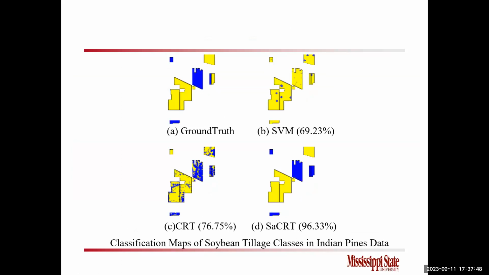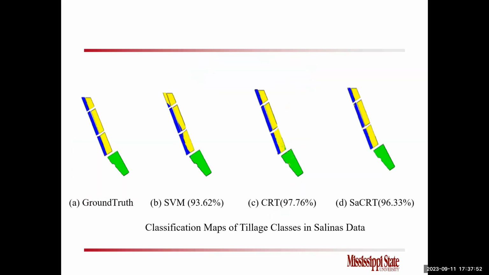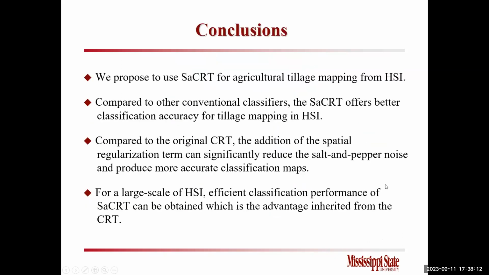This is another one, about soybean. And this is about the Salinas data, which is actually simpler than the Indian Pines data. But you can still see some misclassification in the color difference here, while with SACRT the performance is almost perfect.